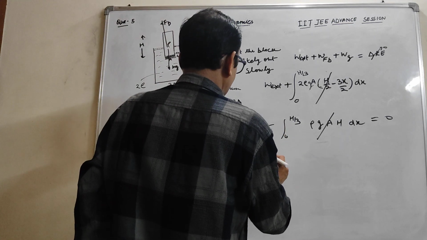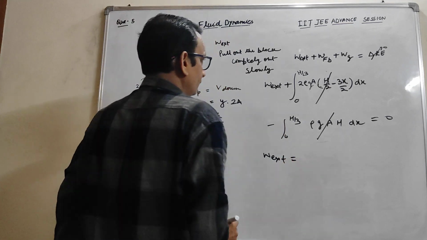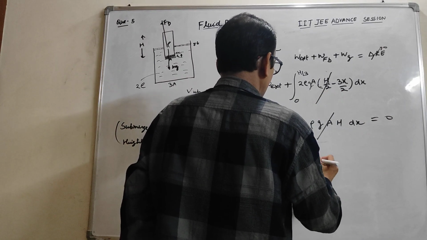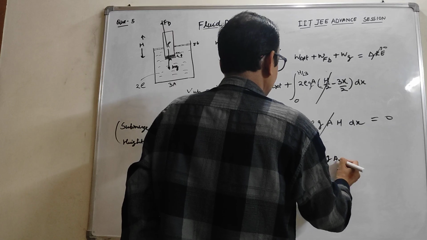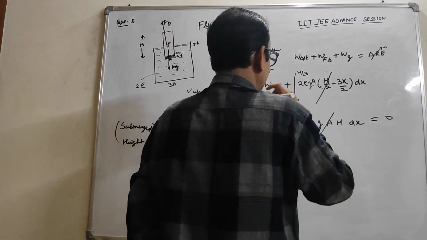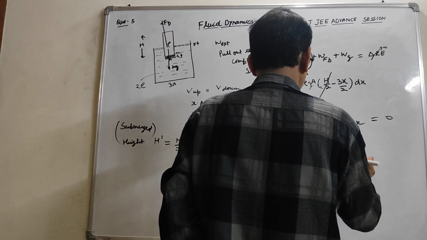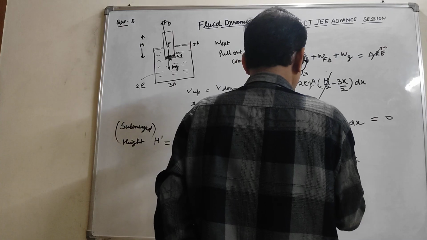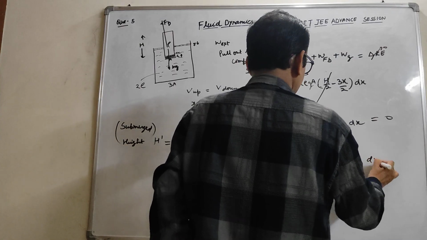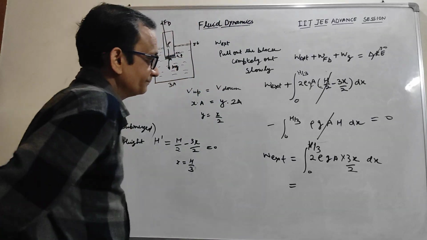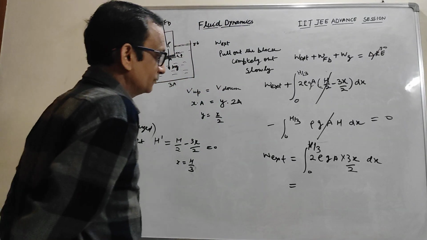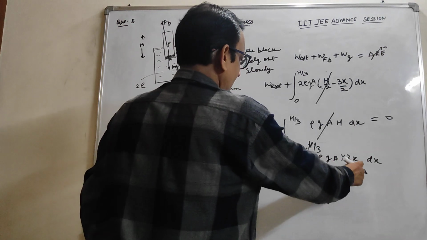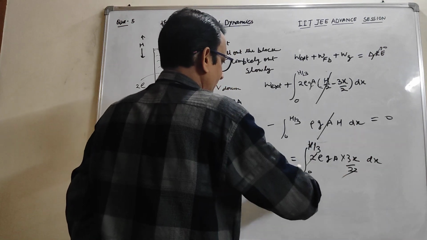So work done by external agent would be, this is minus, shift here, so becomes plus 2 rho g A into 3x by 2, 0 to h by 3, dx. Integration: 2 rho, x is equal to 3 by 2, 2 to cancel out, and this becomes x square by 2, h square by 9.